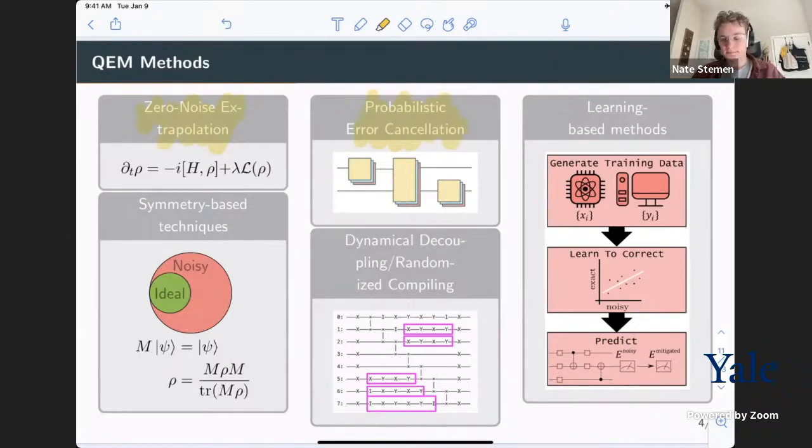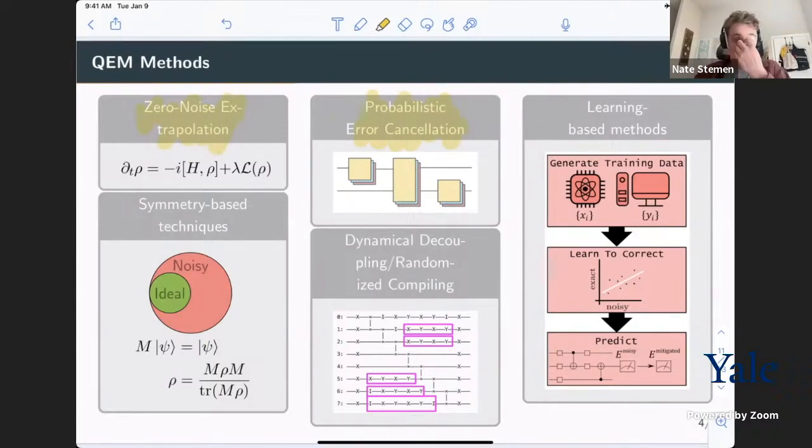Down here on the bottom, we have dynamical decoupling, which is basically the idea that idle qubits like to fall apart. When you try to do nothing to your qubit, it's more likely to have an error than if you're doing something with it.